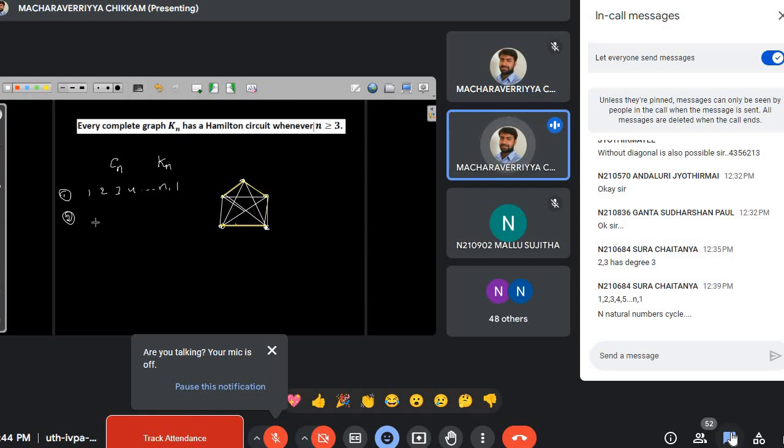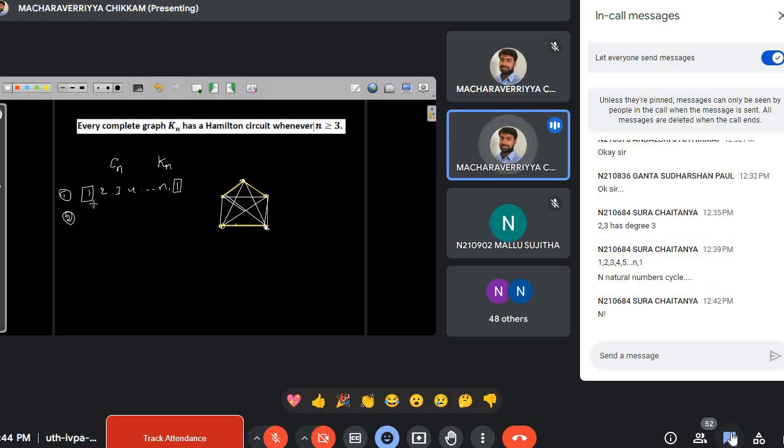From every vertex to every vertex we have a connection. Therefore, it is nothing but arrangement of these numbers. How many ways can you arrange these numbers? Assume that the starting and ending points are fixed. Suppose you want to count the number of Hamilton circuits which start at 1 and also end at 1, then how many Hamilton circuits are there which start at 1 in a complete graph?